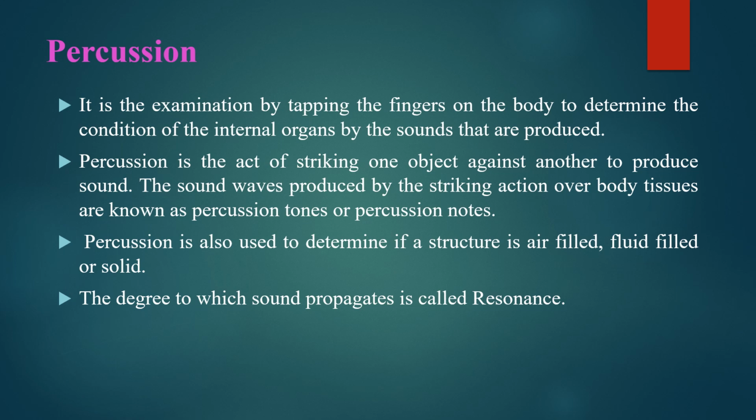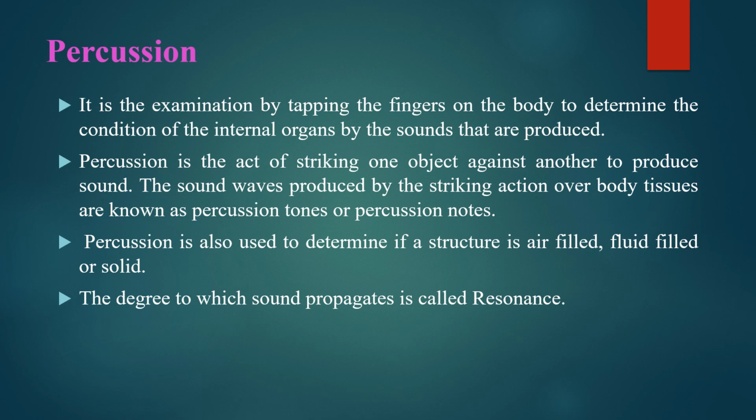Percussion is the act of striking one object against another to produce sound. The sound waves produced by the striking action over body tissues are known as percussion tones or percussion notes. Percussion is also used to determine if a structure is air filled, fluid filled or solid.